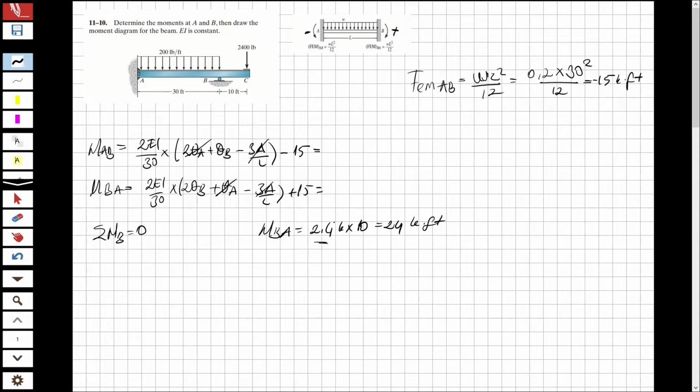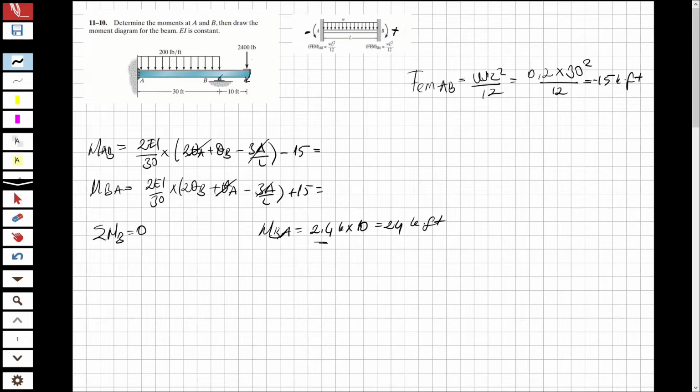This is going to be BA because you know that this is a roller and there is no moment here, so it is going to be created by this force.